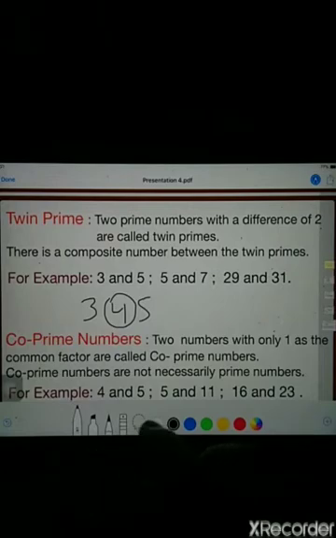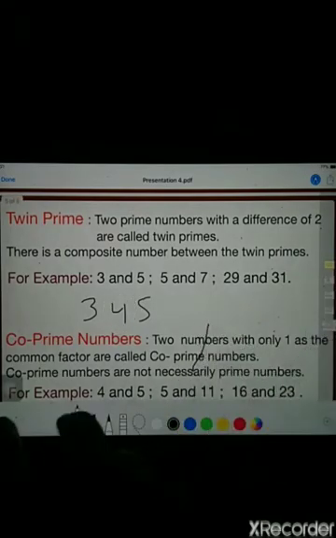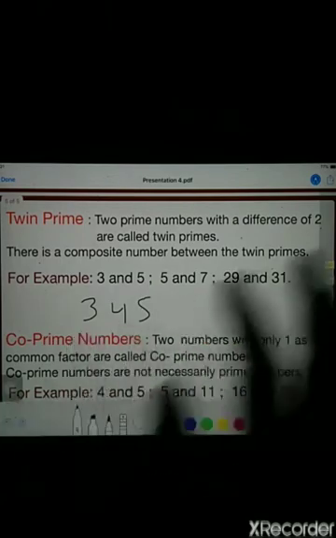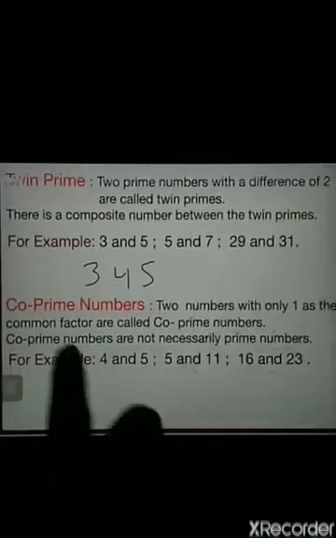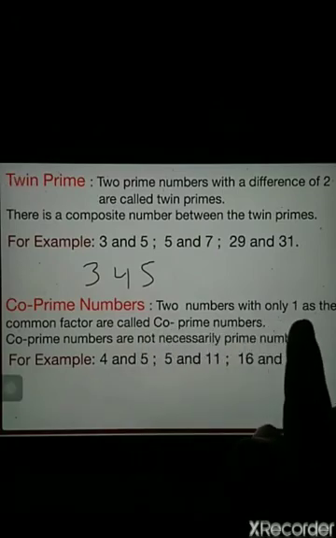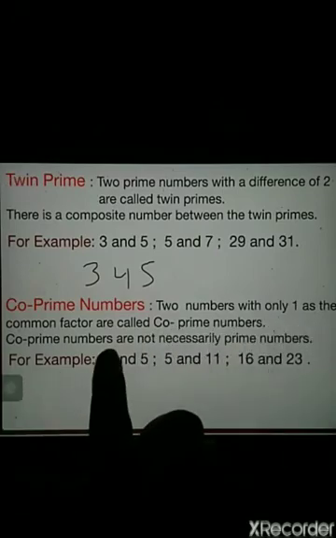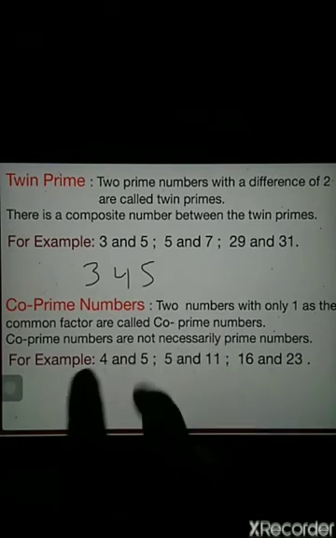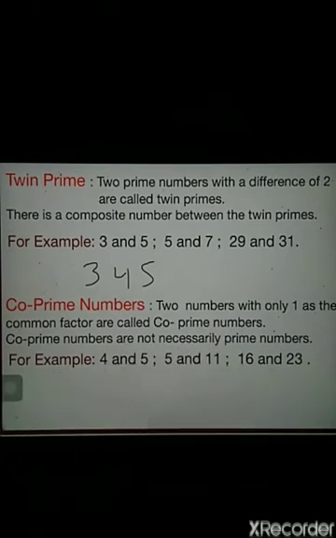Let's start with another type, co-prime numbers. Two numbers with only 1 as the common factor are called co-prime numbers. If two numbers have only a single common factor, 1, these numbers are called co-prime numbers.